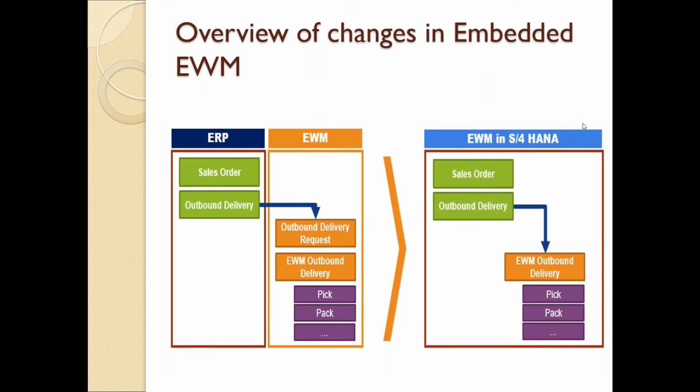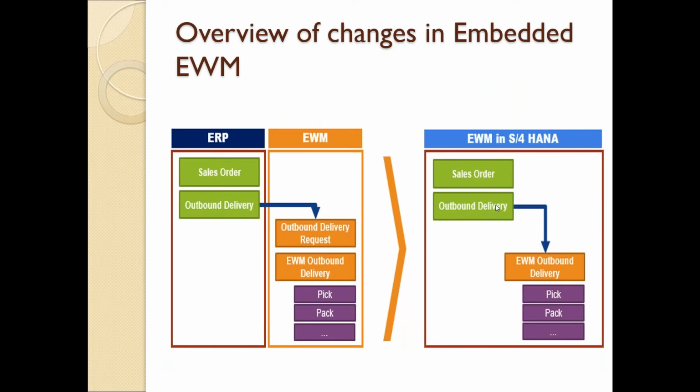If a sales order is created, I am working in 1809 presently, so an SO is created in our S4, and the same OBD is created. Again, the OBD will be distributed to EWM. Again, there will be another delivery, like X of my SO will be created as Y of our EWM delivery. Exactly.